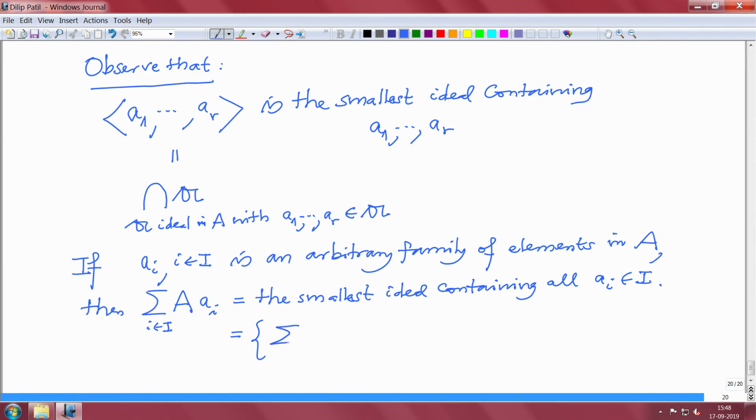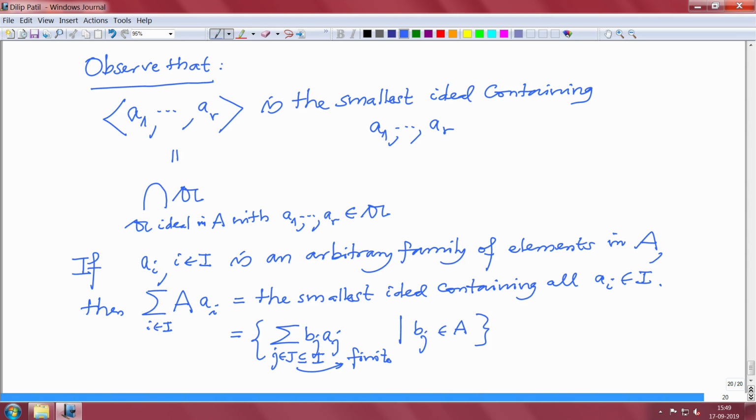summation b_j a_j, where j is running in J, where J is a finite subset of I, and these b_j's are elements in the ring A. So look at all these finite linear combinations, and obviously that forms an ideal, the same checking.